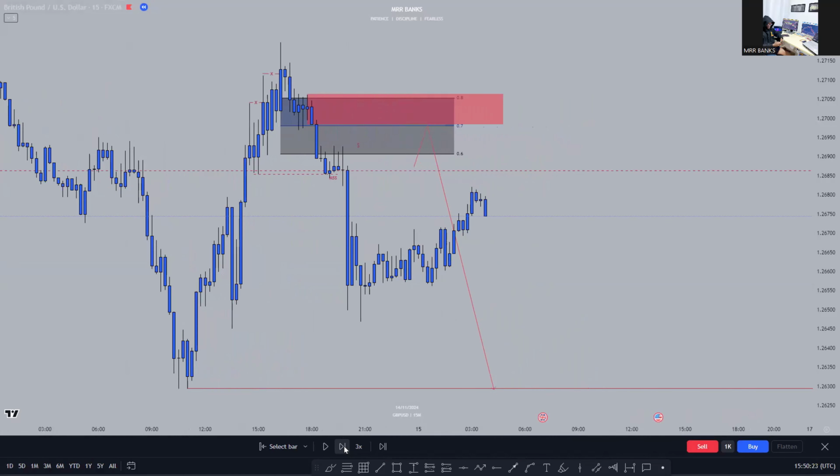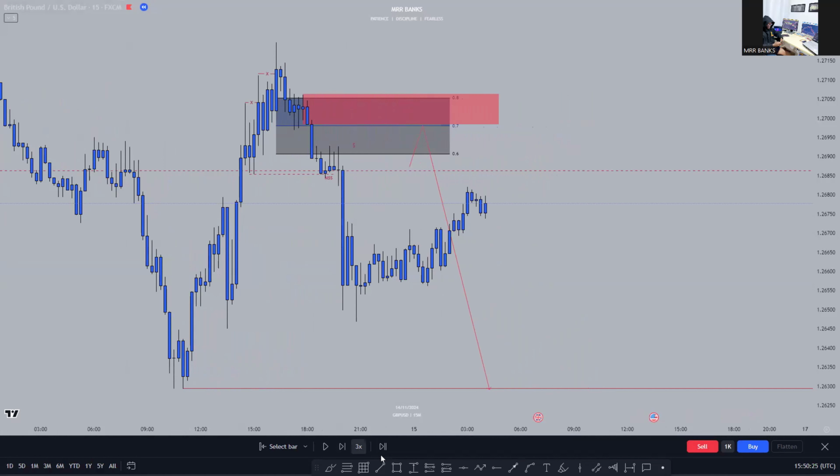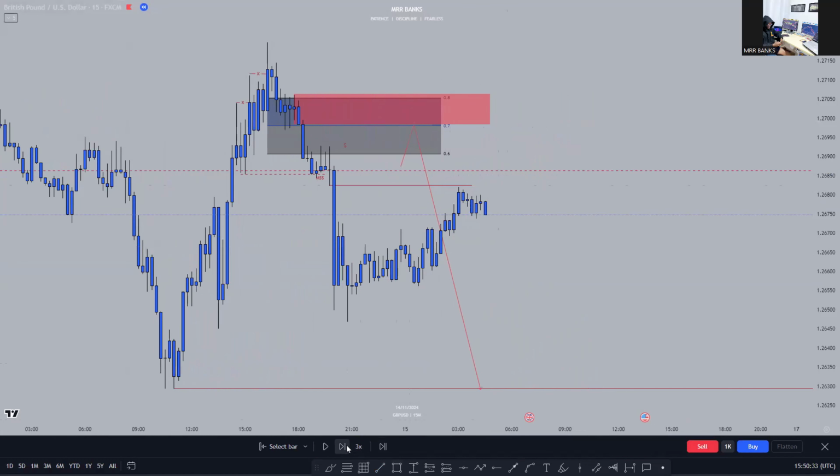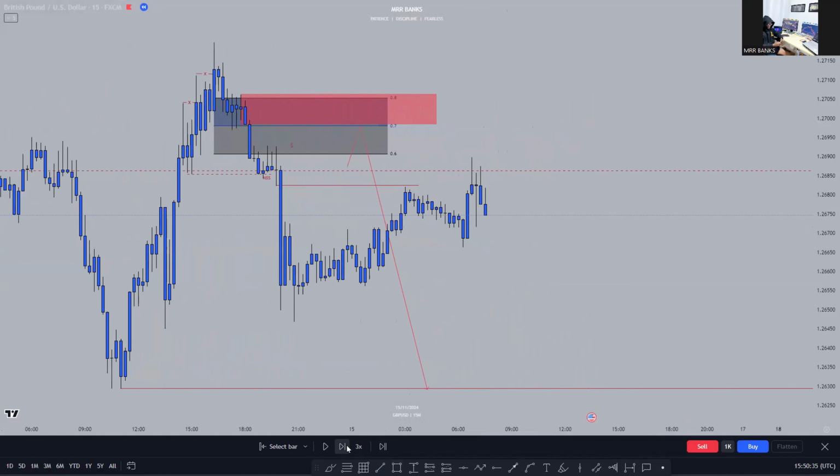During the New York session, we had price mitigating this inducement level here, thinking price was going to sell, but I had my structure resting right above here.